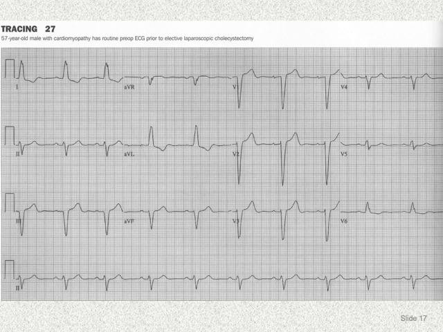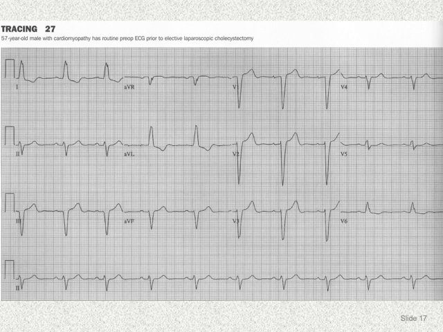Here we will apply the axis again. As we see here, lead 1 is positive, lead aVF is negative, so they are away from each other, so this is left axis, but to confirm, look to lead 2. If it is again negative, we have left axis deviation. And then we'll see the QRS duration.